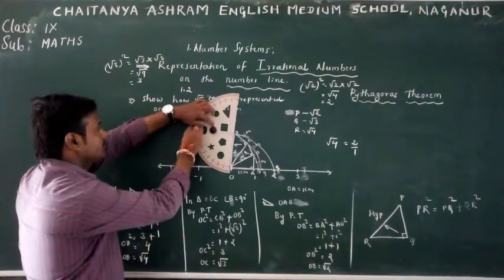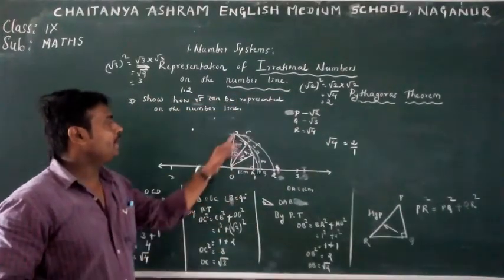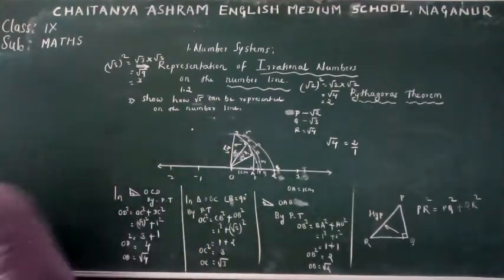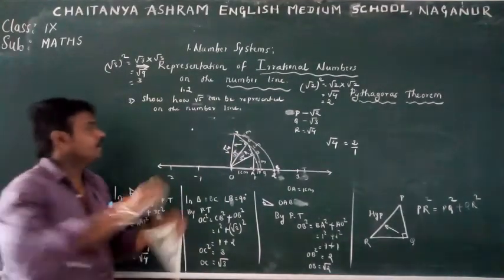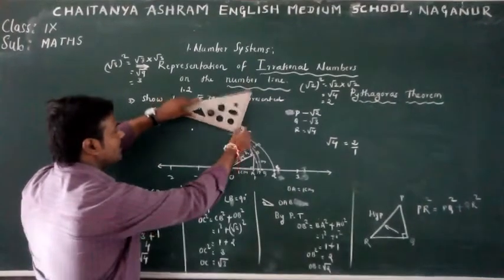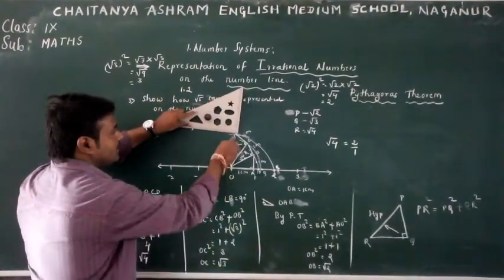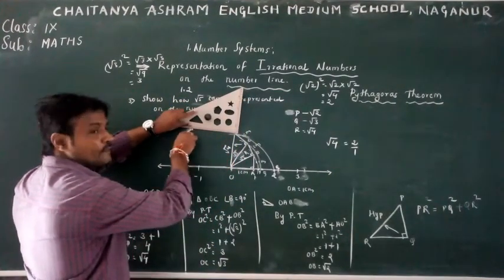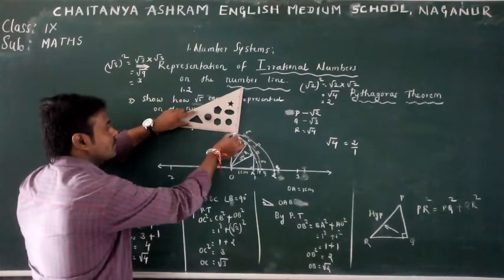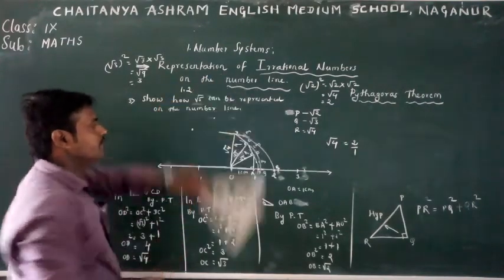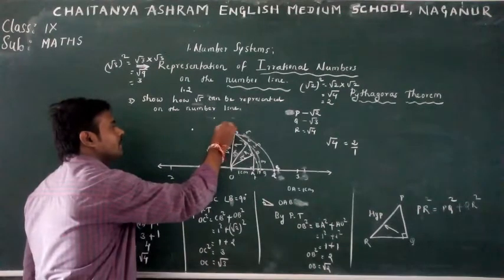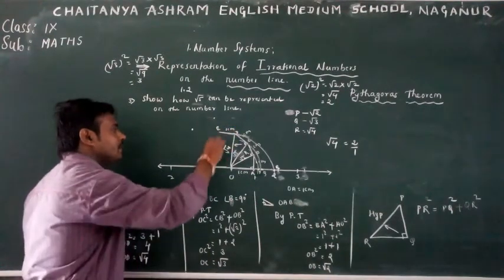From D, draw a 1 centimeter line segment. If you extend it, it passes through this marked angle. Say this is E. It is 1 centimeter.